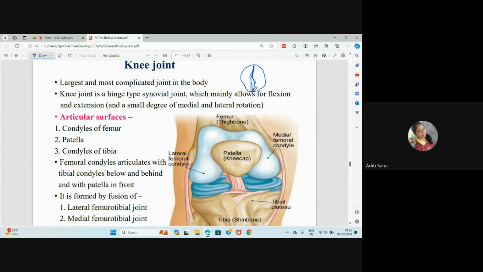Medial means coming closer to the midline, and lateral means away from the midline.